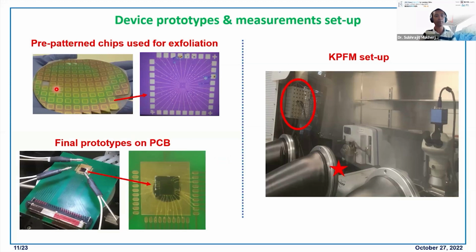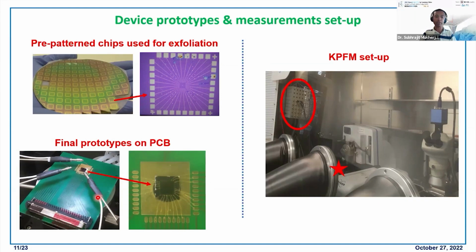This is our pre-patterned chip. These big pads are fabricated by photolithography beforehand. Then we transfer our layers onto these pads, and then we do the electron beam lithography. After finishing the device fabrication, we mount our chip on this PCB board and wire bond it. You can see here the bonded wire from the bond pad to the PCB board.